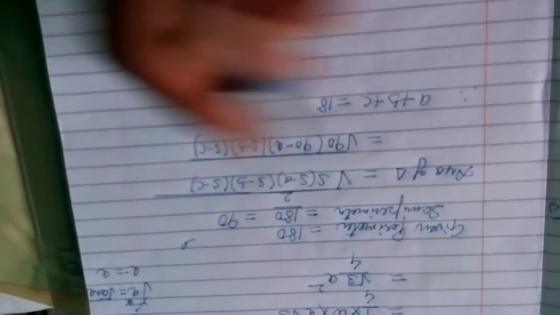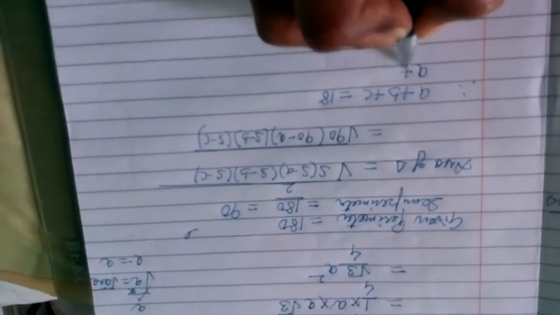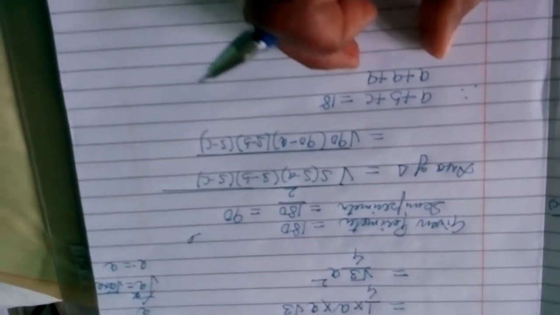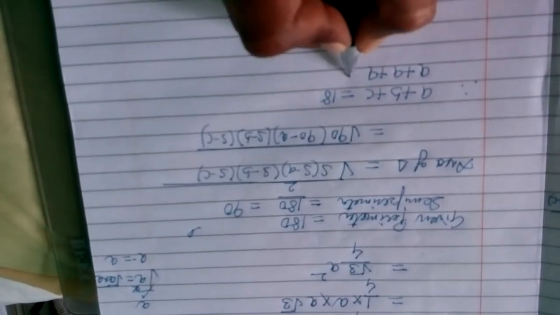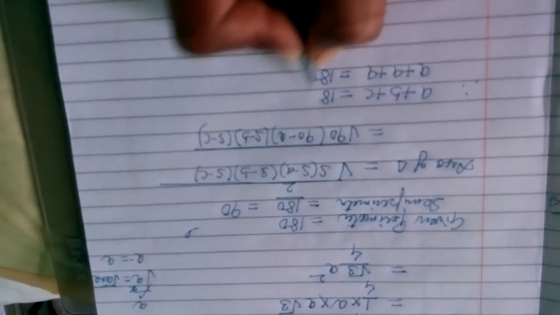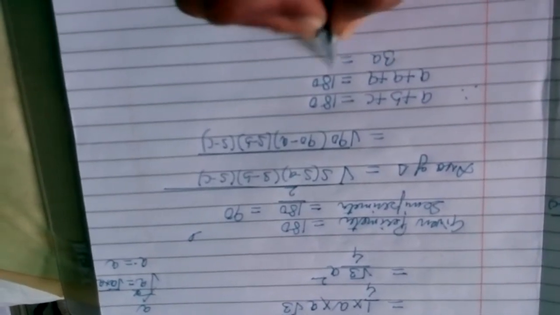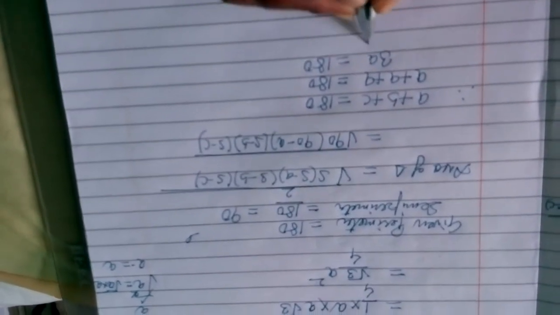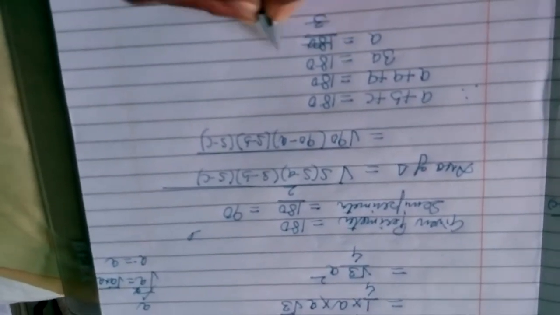Therefore a plus a plus a, why? Because they have already given that this is an equilateral triangle, therefore all the sides will be equal. So that will be 180. So a plus a plus a, that will be 3a is equal to 180, and this further implies a is equal to 180 upon 3.